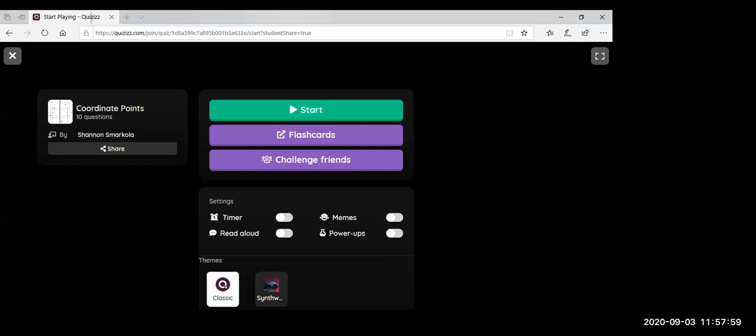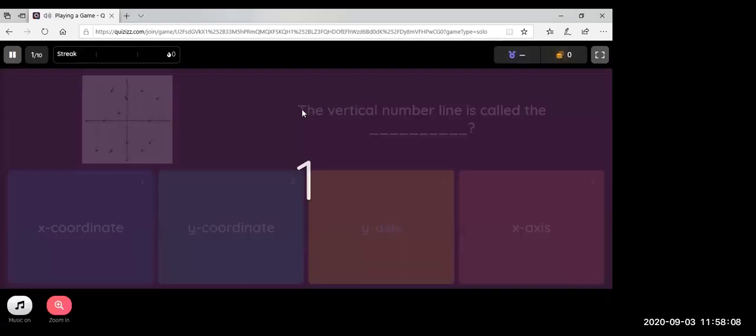Wait, let me just try another thing really quickly. Okay, here it's working, so I can just do it in this. So let's just share my screen. Let's see if it's okay. So if you know the answer, put it in the chat box like in the previous game.